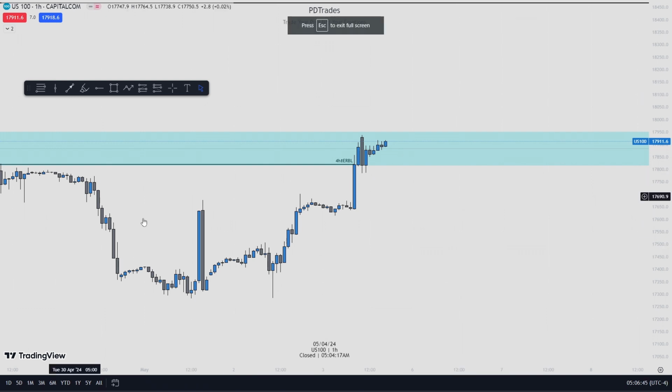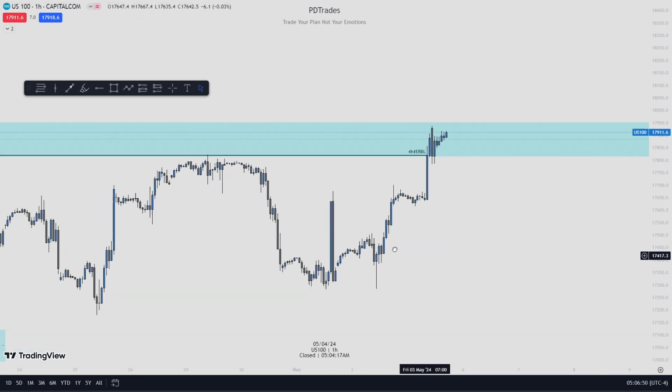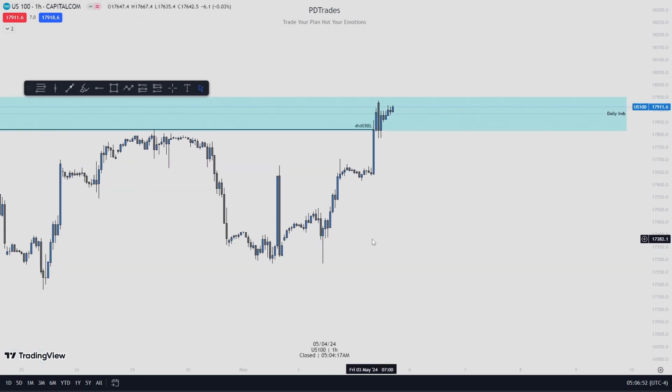Please use TradingView, guys. I highly recommend it, especially when you are a new trader, because what I love about TradingView is that whatever you're doing here on your PC, you can also see it on your phone. So I'll make my analysis here, and after that I can bounce.